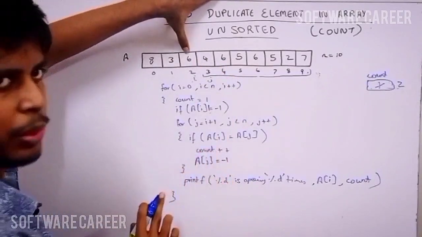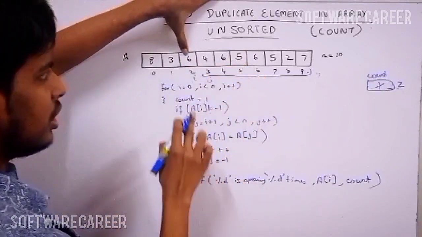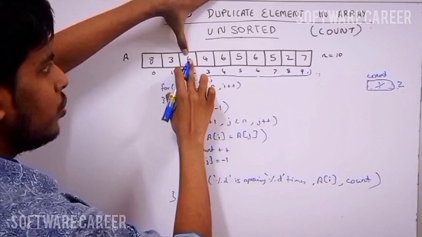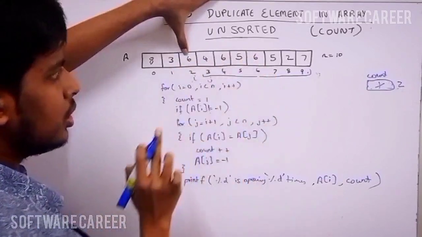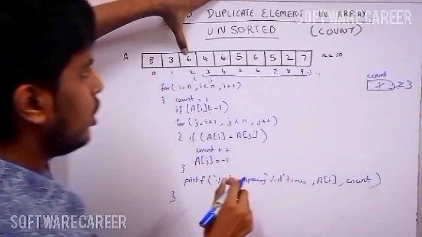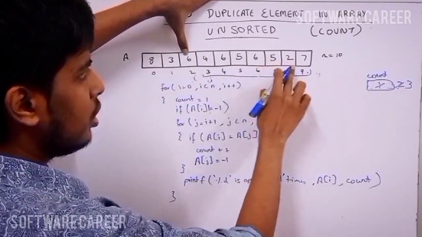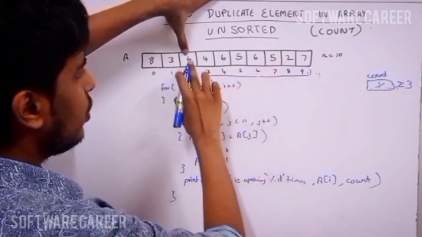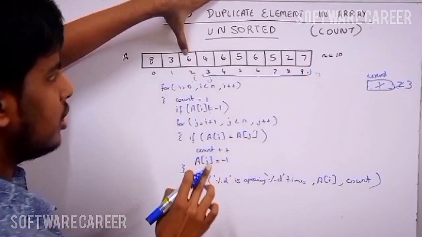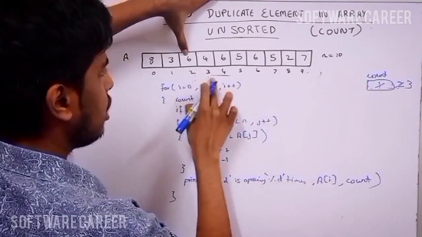So count equals to count plus 1. Whether 6 equals to 5? No. Whether 6 equals to 6? Yeah. So again count value increases by 1. So it's 3. Whether 6 equals to this 2? No. Whether 6 equals to 7? No. Like this. Then after checking, this i value increases by 1.